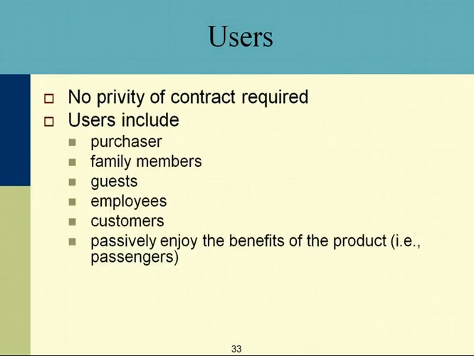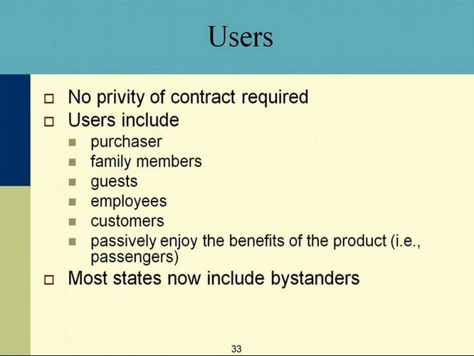Users include a purchaser, family members of the purchaser, guests, employees, customers, those that are passively enjoying the benefit of the product, i.e. passengers in a car. If they're injured, they can sue the manufacturer, the wholesalers, everybody in that chain of distribution. Most states now include bystanders.